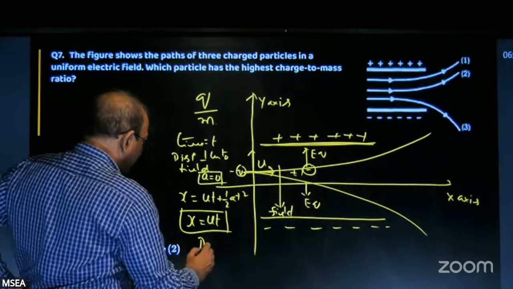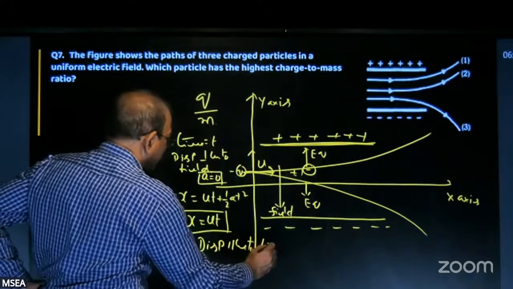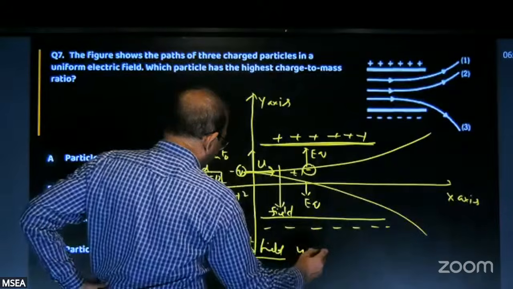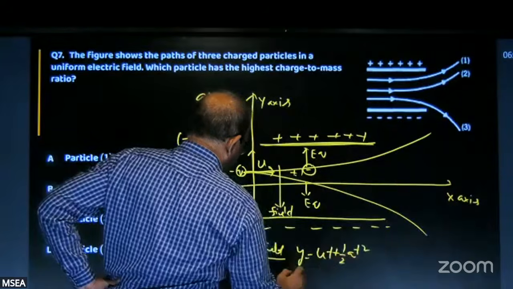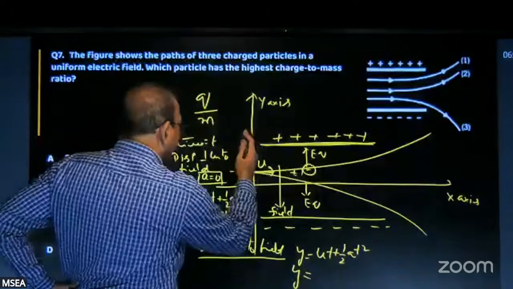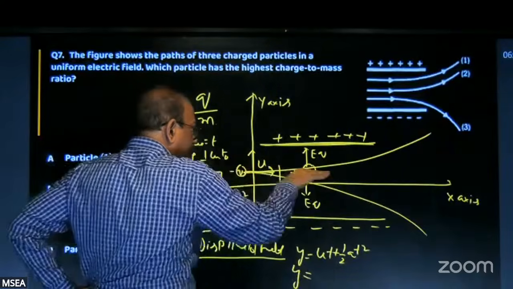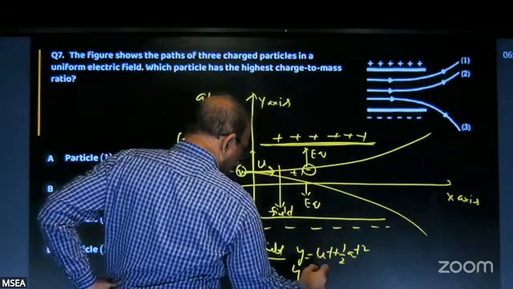Next, you find the displacement parallel to the electric field direction. Displacement parallel to field, suppose you take it as y, is ut plus half at square. Along the field direction, there is no initial velocity. At the time of entry, it has velocity only along x-axis, not along y-axis. Initial velocity is 0, so ut is 0.